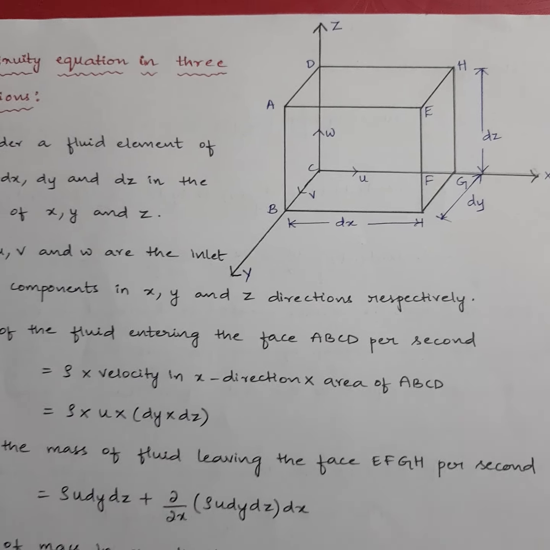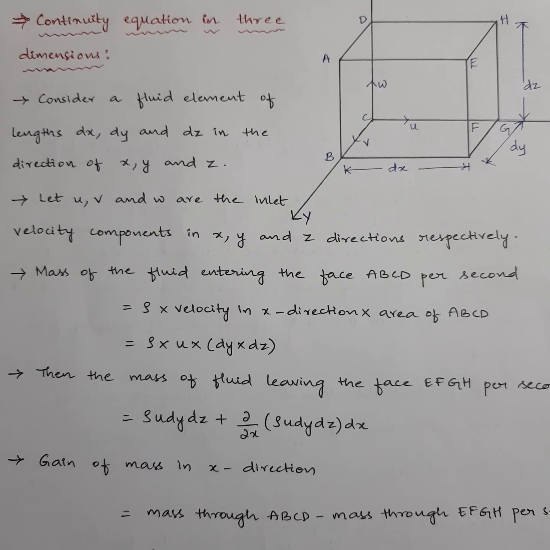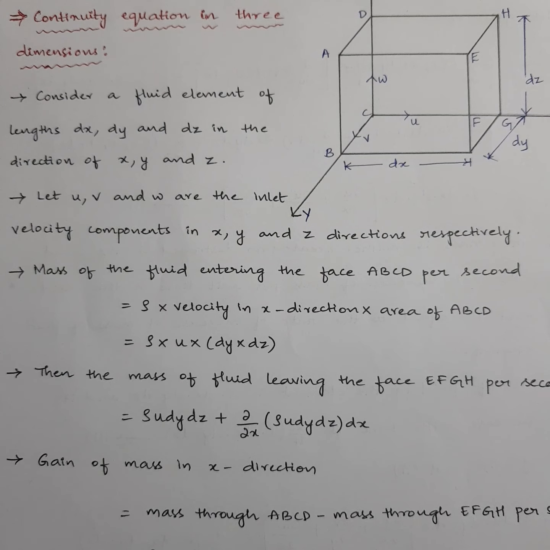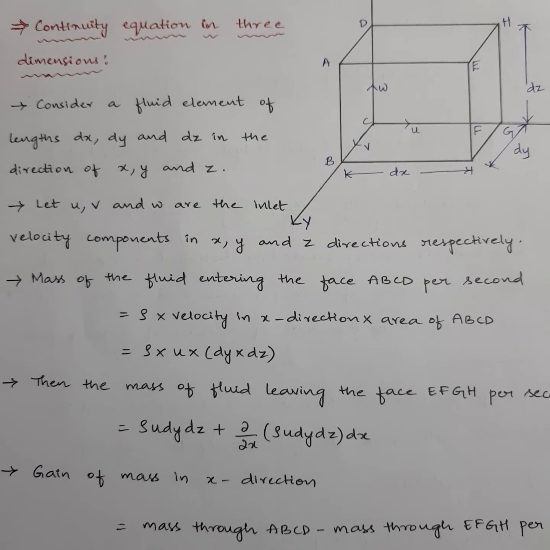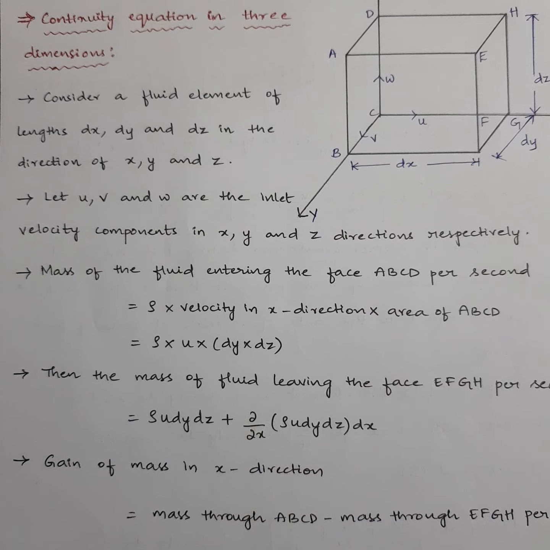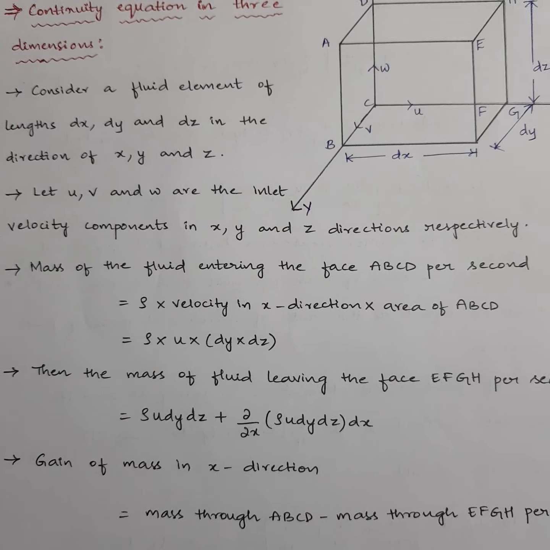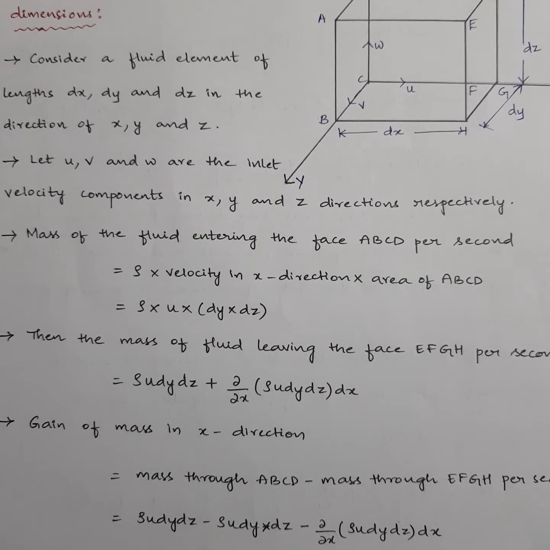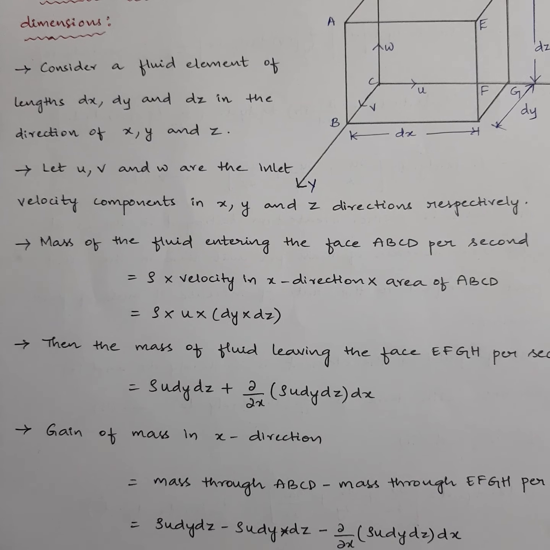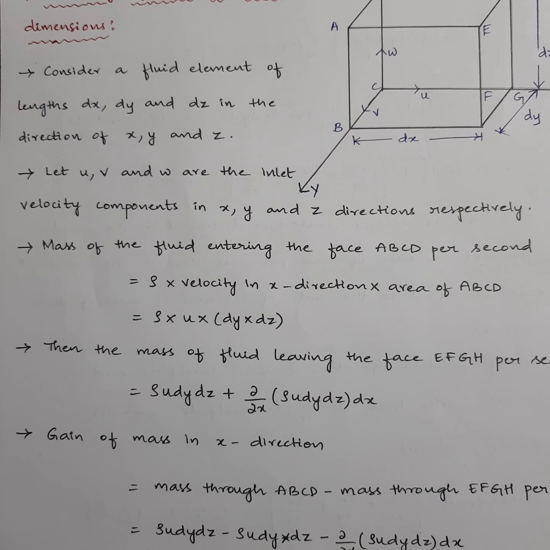Remember, the continuity equation is based on the law of conservation of mass, which states that the mass inflow is equal to the mass outflow per second. If you remember, in the last video I gave you a formula for calculation of the mass of the fluid per second, which is rho into A into V. That came from the formula density is equal to mass by volume.